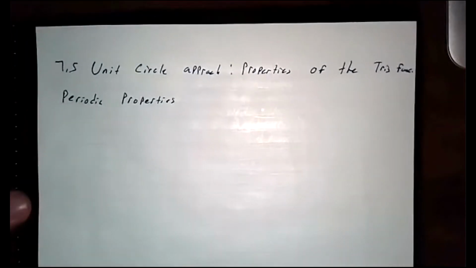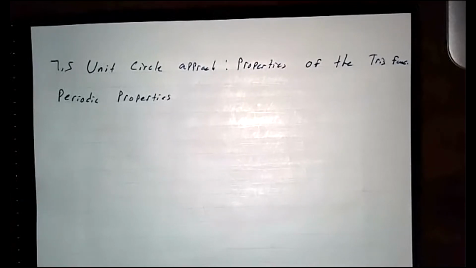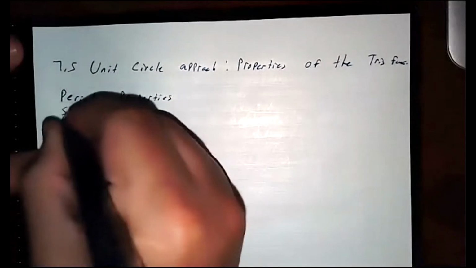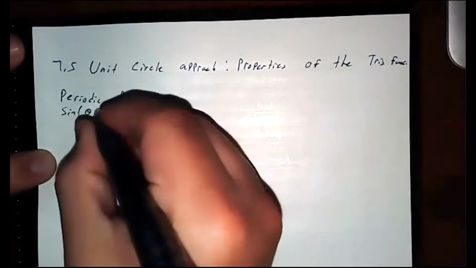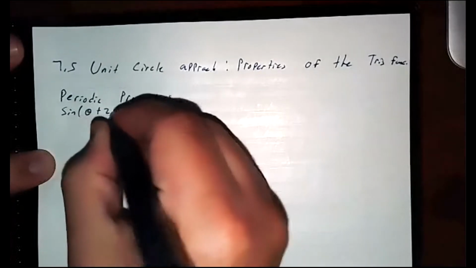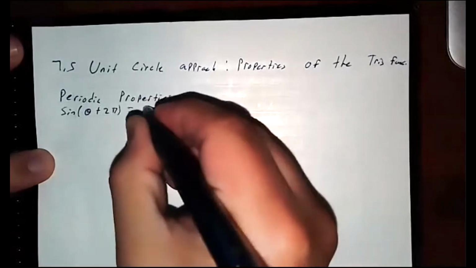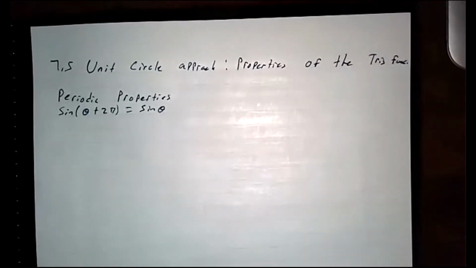So basically this, I'll show you graphically in a moment, but here's the actual property. So if you're given a sine and you have some random theta and you add 2 pi, that will be the same as just doing sine of theta, right? Because that is an extension of coterminal ideas, right?